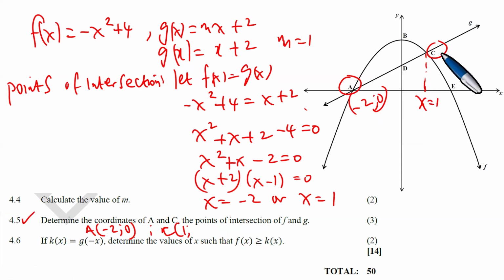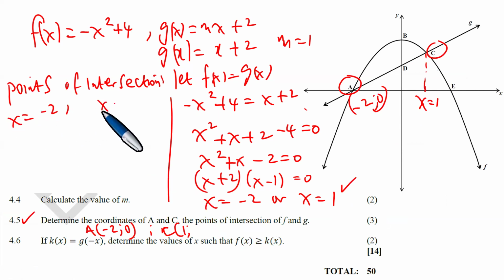X is 1 here, but we need to find y. To find y, you already know x, so substitute into one of the equations. In general, you can substitute into both to avoid mistakes.